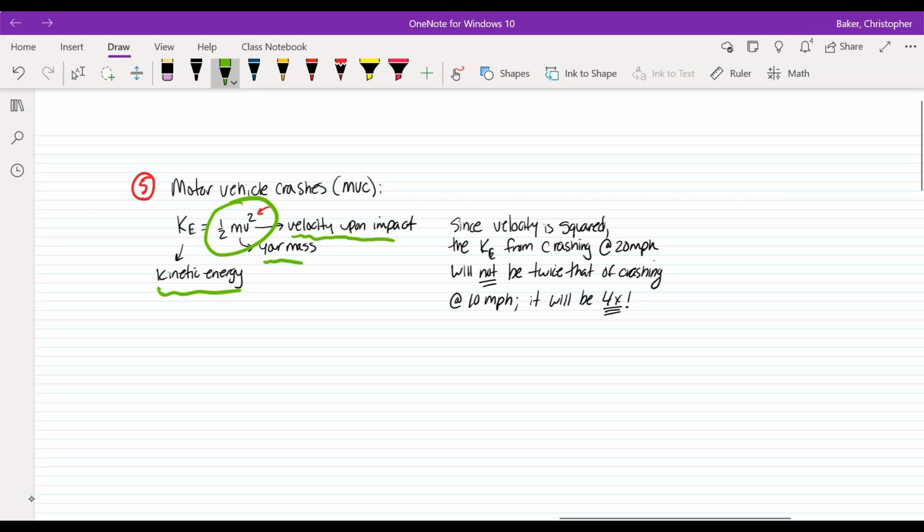And just as in gunshot wounds, because velocity is squared, the kinetic energy from crashing at 20 miles per hour is not going to be twice that as if you crashed at 10 miles per hour. It's going to be 4 times because we're squaring it. So speed is really the significant factor in trauma with motor vehicle crashes. It's not so much your mass, it's mostly your speed or your velocity.